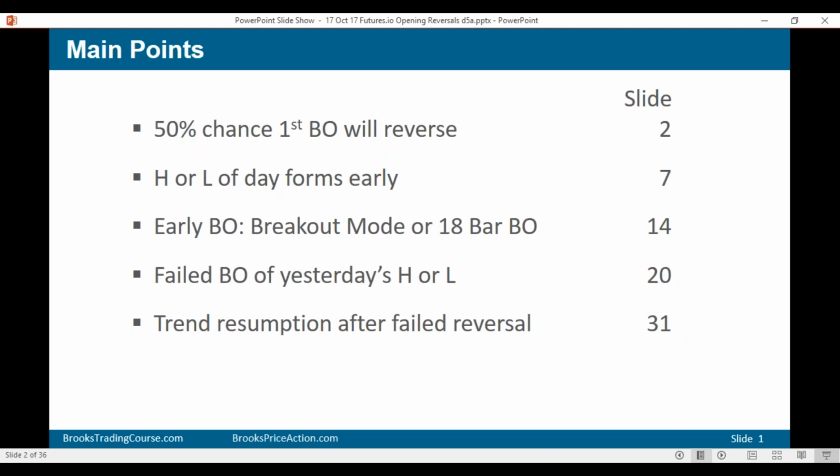And then finally, if I have time, I'll talk about trend resumption if you get a reversal that fails. So if the market trades above yesterday's high and tries to reverse down, but fails to reverse down, and the bull trend resumes.